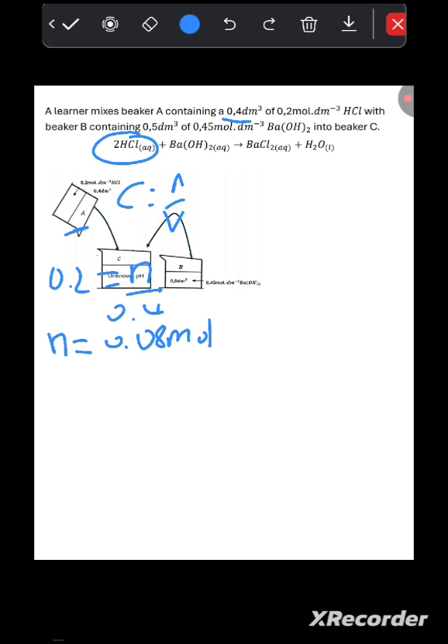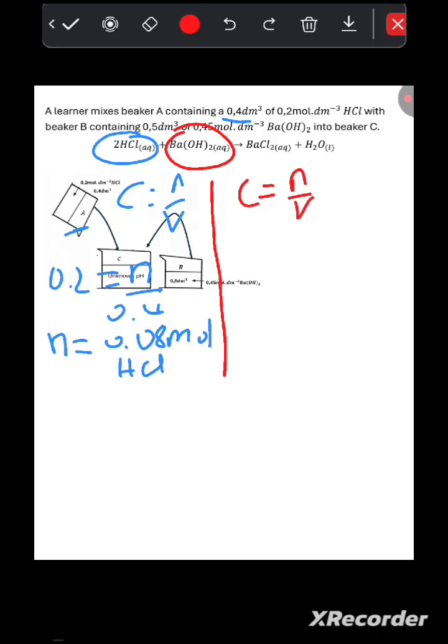Of HCl. Then for this one, concentration is equal to number of moles divided by volume.